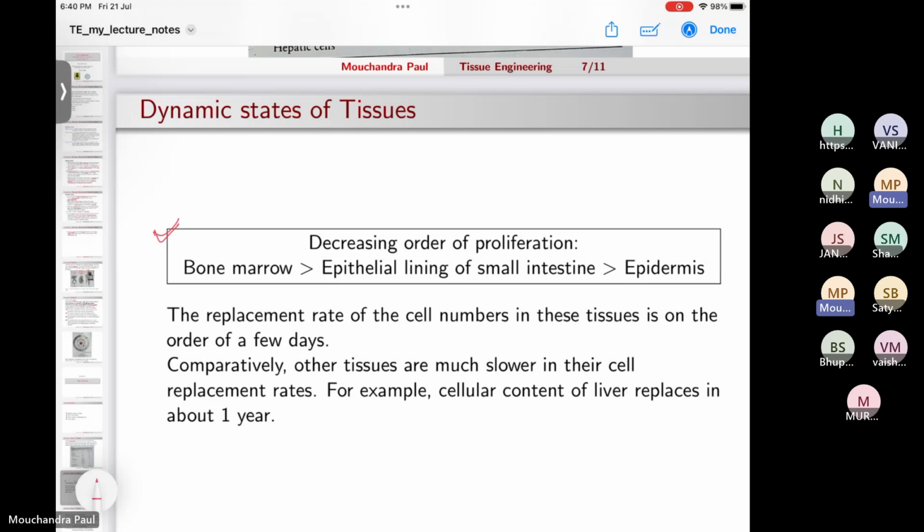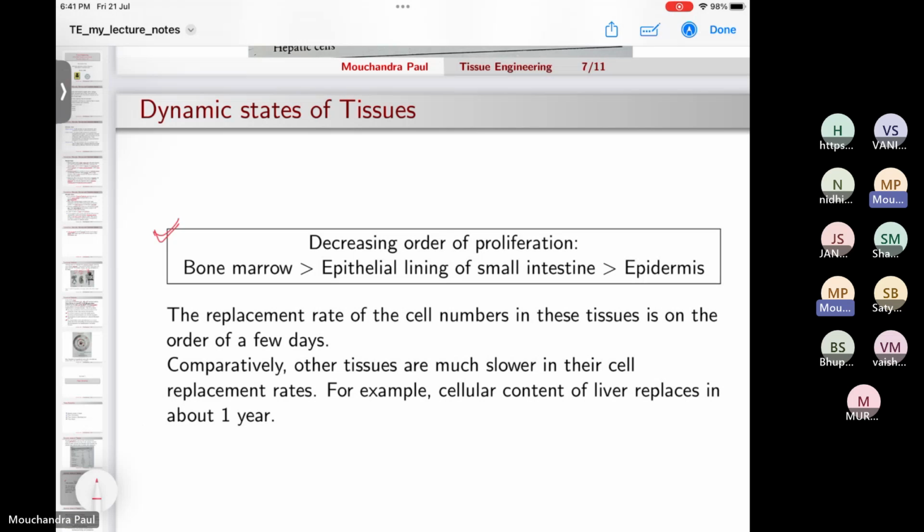These are the top three highly prolific organs in our body. The replacement rate of cell numbers in these tissues is on the order of a few days, not months, not years. The production of new cells and removal of the old cells happens in a matter of a few days.